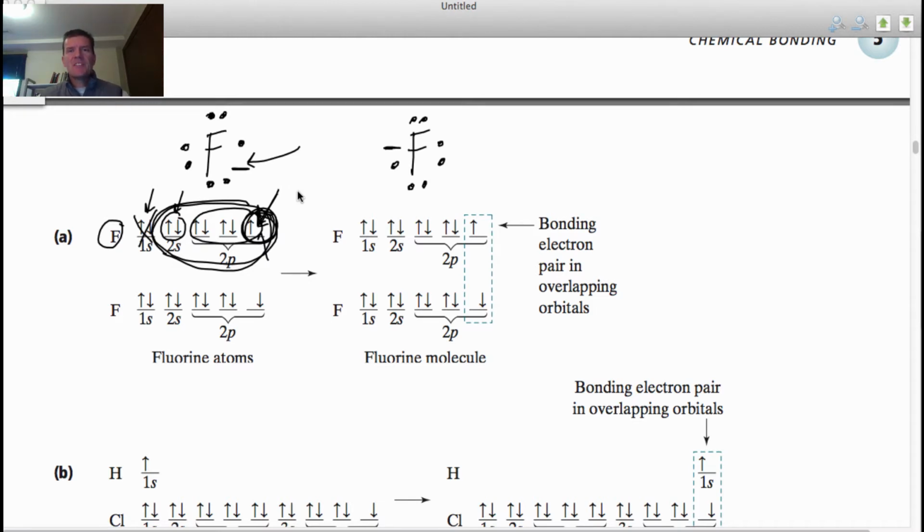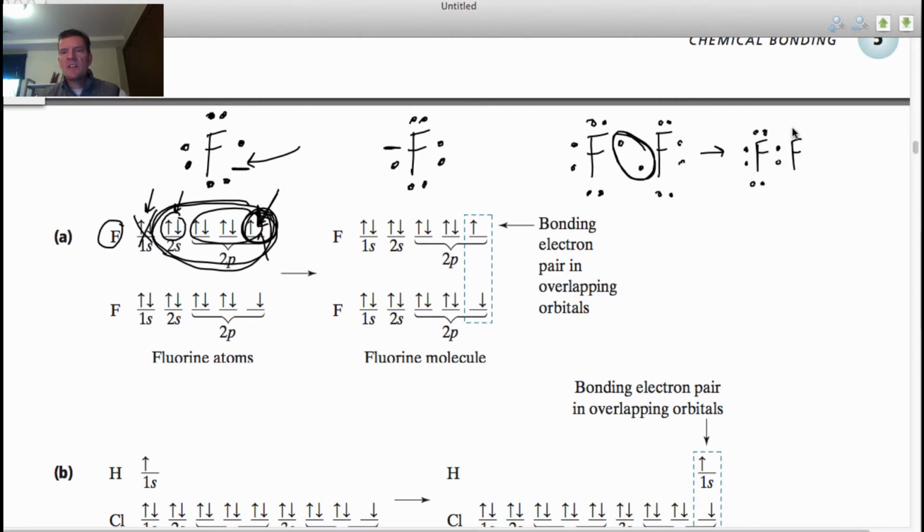Okay? So what they do is fluorine number 1, who has 1, 2, 3, 4, 5, 6, 7 valence electrons, and fluorine number 2, who has 1, 2, 3, 4, 5, 6, 7 valence electrons, they decide to share one each, and they come together like this.